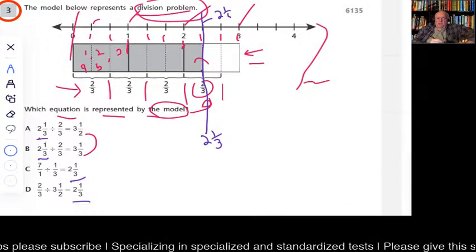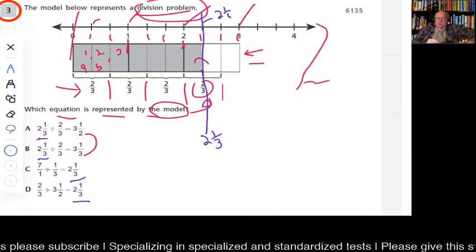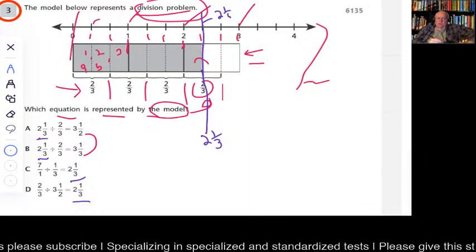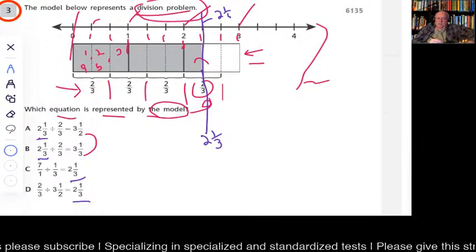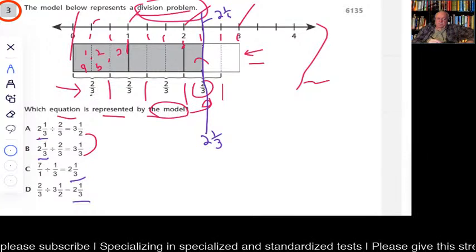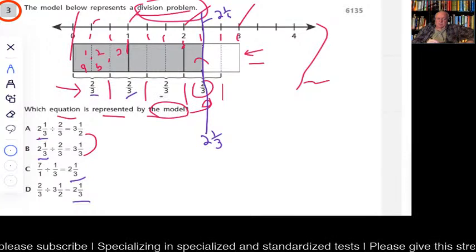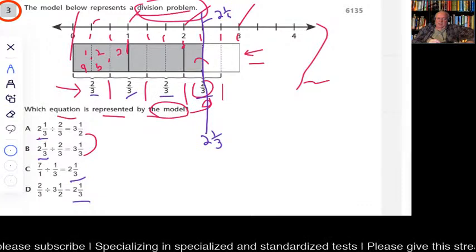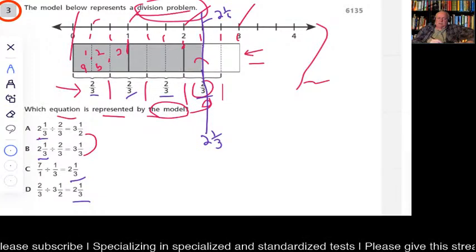So it says 2 1/3, which is the whole shaded part, divided by 2/3, which is this little group here. That's these. Right? That's that. Divided by 2/3, divided by 2/3. It's telling us that the answer is 3.5.